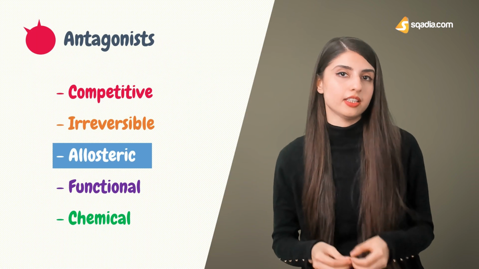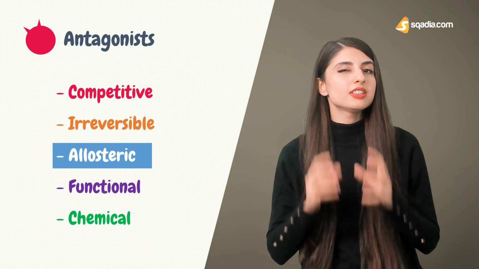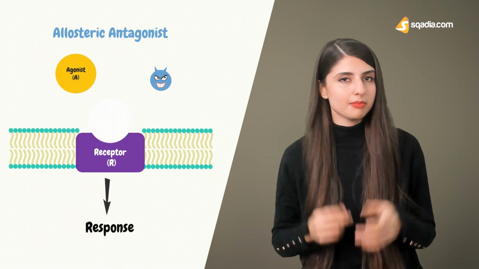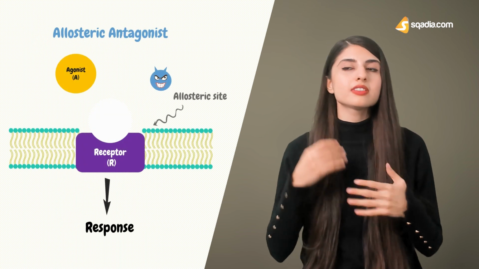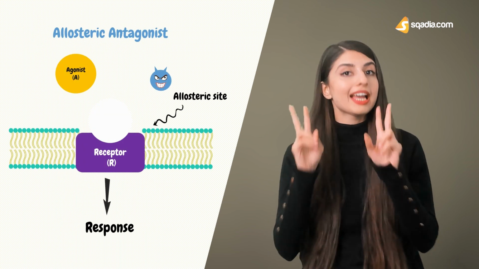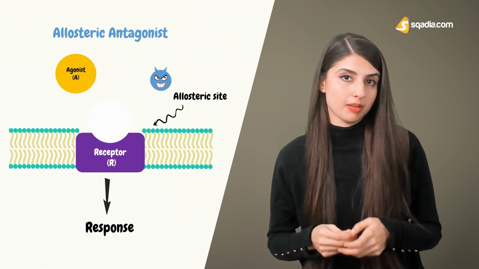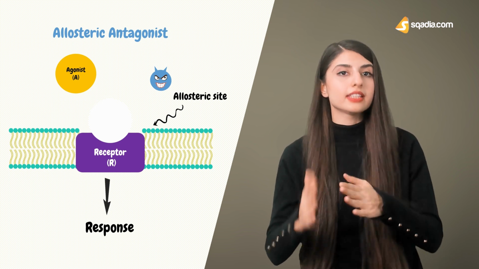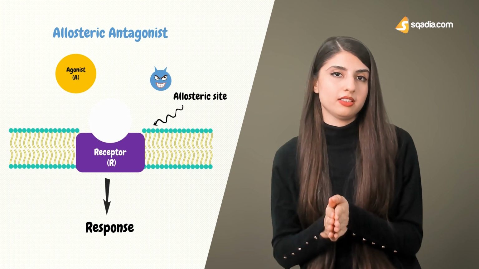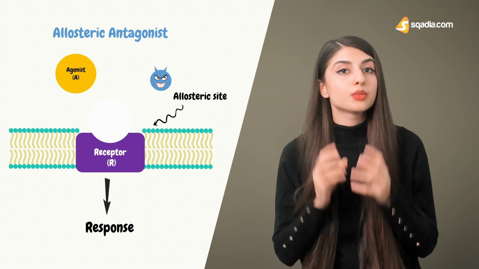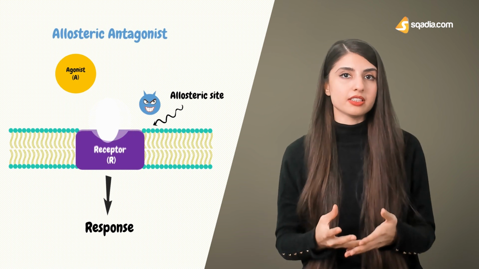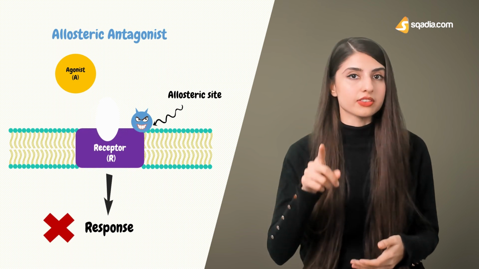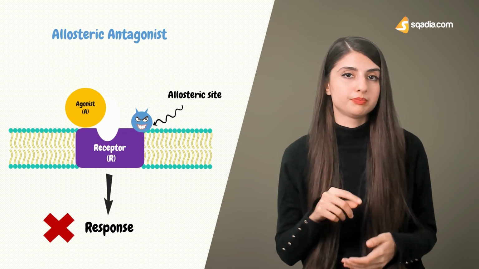Now, coming towards another type of antagonists, which are the allosteric antagonists. This type of antagonist binds to a different site, which is termed the allosteric site, on the receptor. This is a site on the receptor other than the agonist binding site, and it prevents the receptor from being activated by the agonist, by our hero.